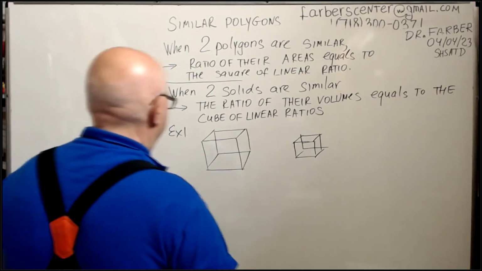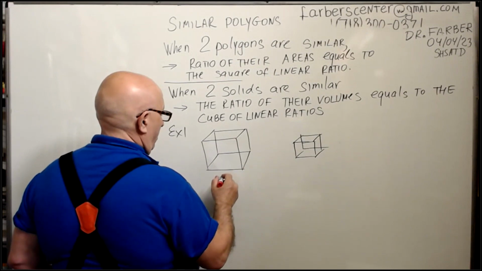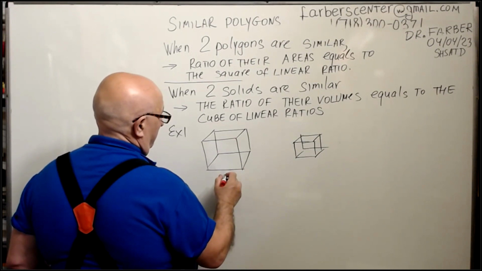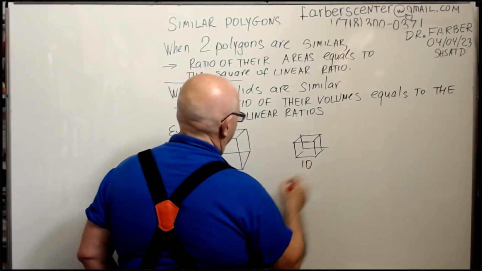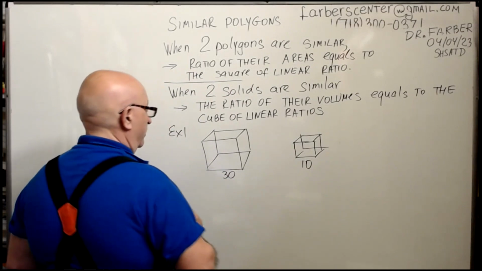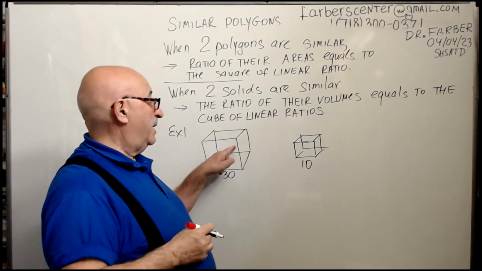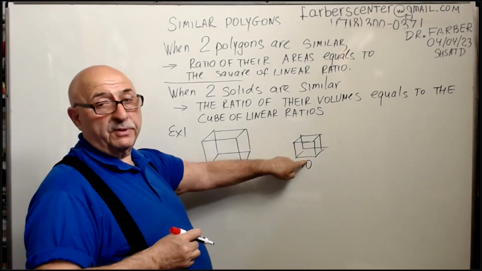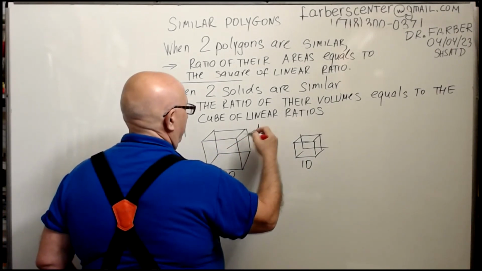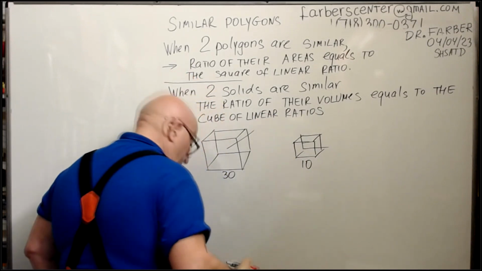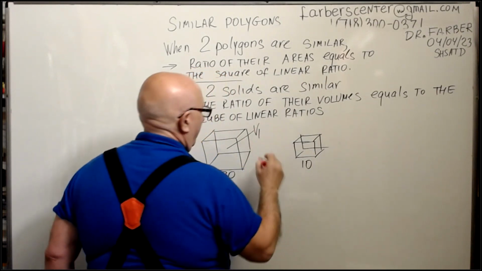Let's say this side is, I don't know, 15. Or let me use simple numbers. This is 30 and this is 10. And how much bigger is this volume than this volume? Look at this, how easy to do it in one shot. This is volume 1, and this is volume 2.